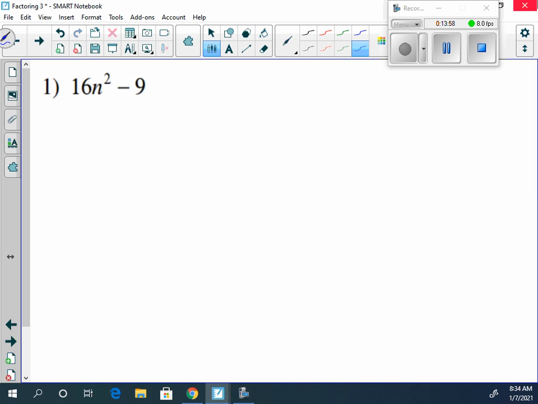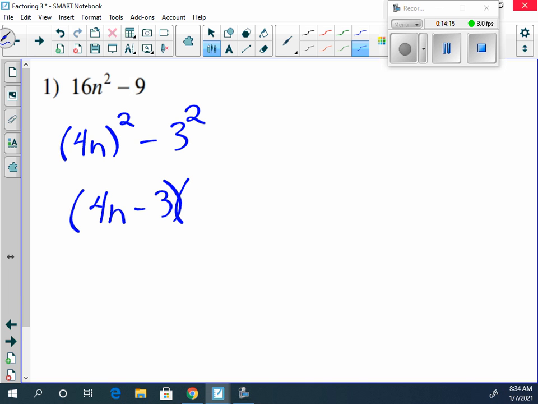So if I wanted to, I could say that this is 4n squared minus what? 3 squared, yes? Because if I rewrote them as squares, it'd be 4n minus 3 times 4n plus 3, if we're following that pattern.